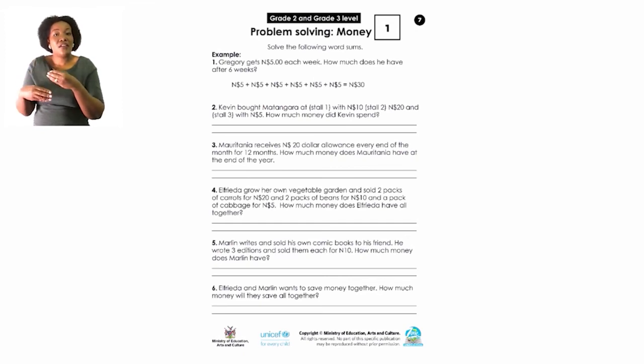So remember, when we add the $5 to the $30, it has to stand at the place for the units. It comes there where the 0 is. So we will have the total of 35 Namibian dollars. So we spent 35 Namibian dollars on the Madangara that he bought.